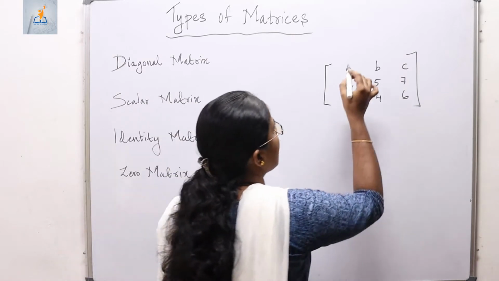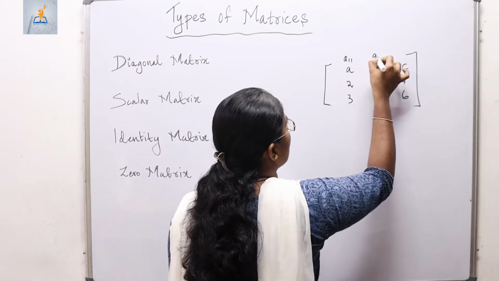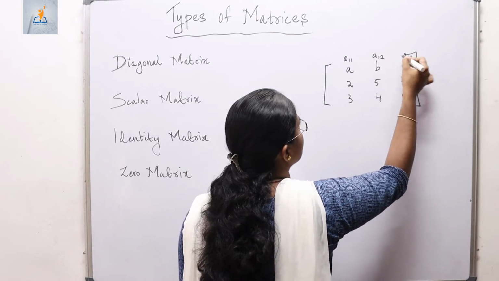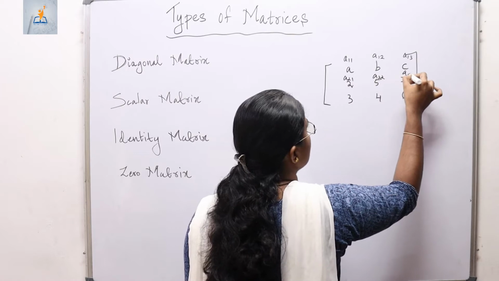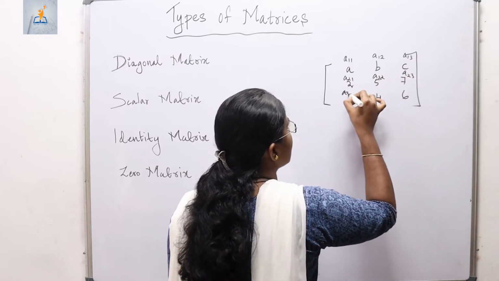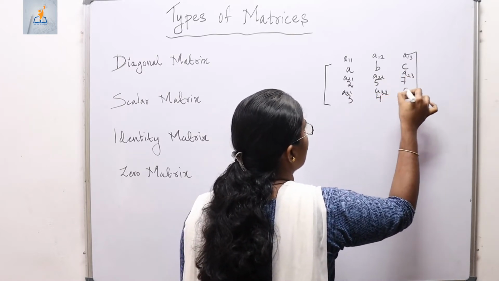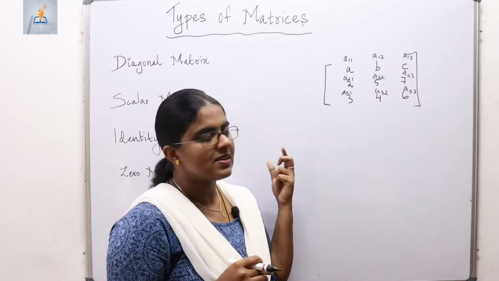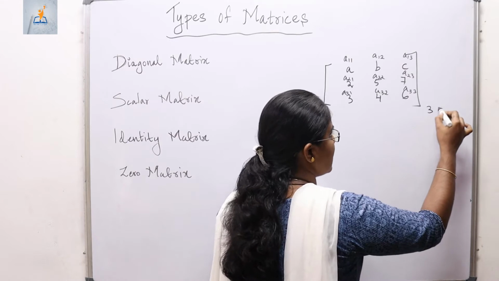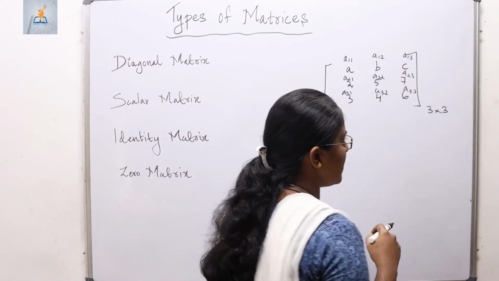So we know that this is a 3 by 3 matrix, and we know that the elements are a11, a12, a13, a21, a22, a23, a31, a32, a33. So these are the elements in this 3 by 3 matrix. See, this is a square matrix.